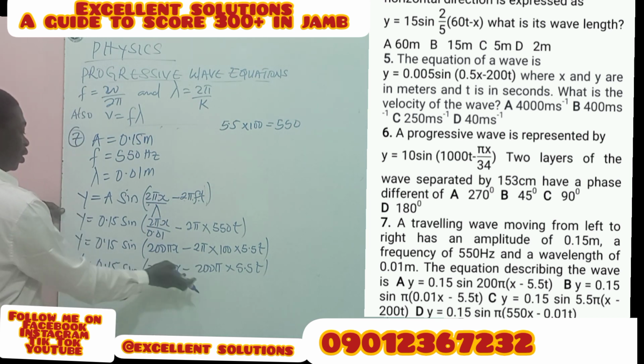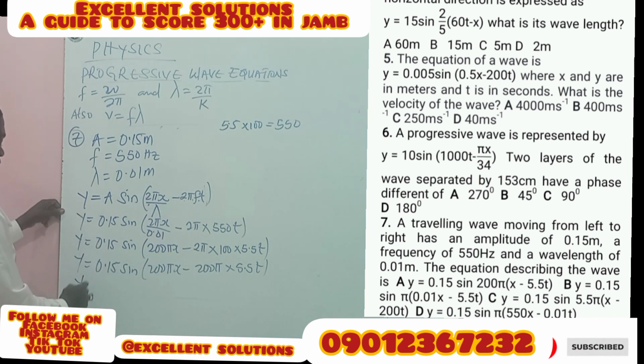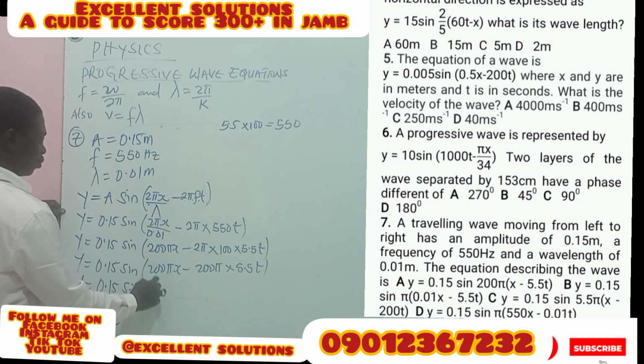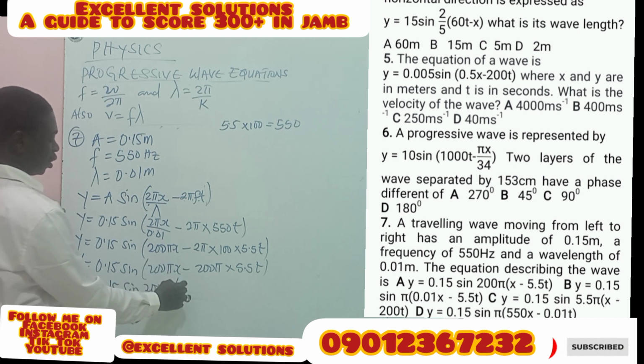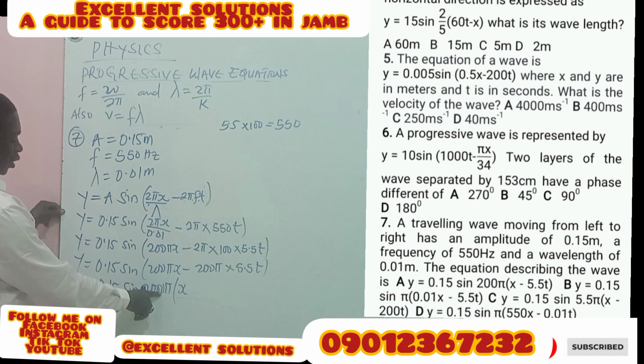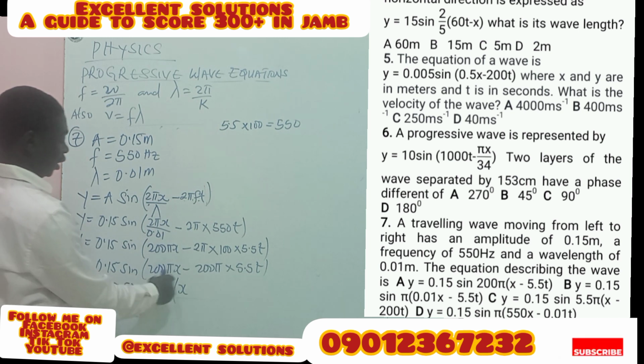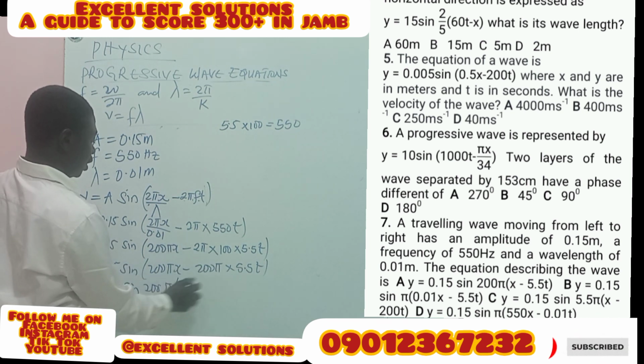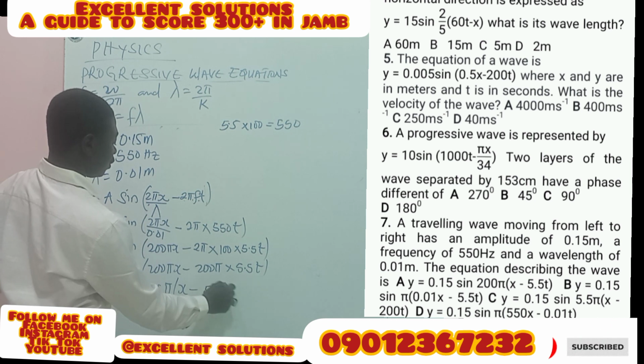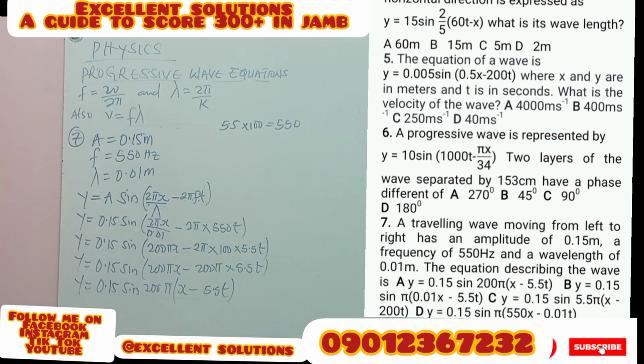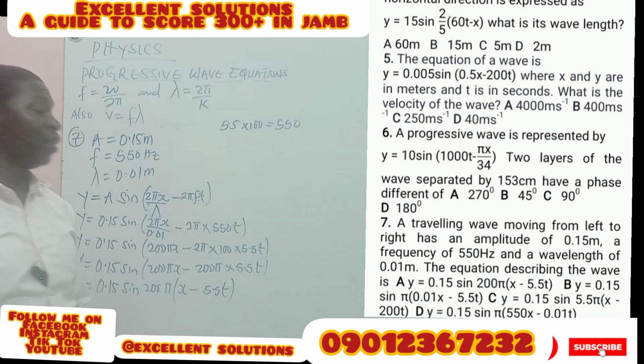Now we can factor this 200 pi out, so we have y equals 0.15 sine 200 pi open bracket x minus 5.5 t. If you look into option A, y equals 0.15 sine 200 pi open bracket x minus 5.5 t, and option A satisfies our equation.